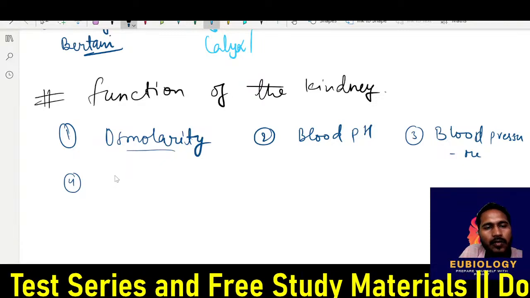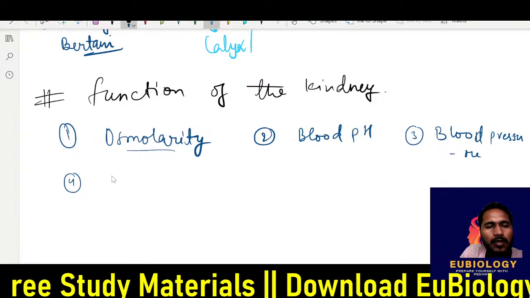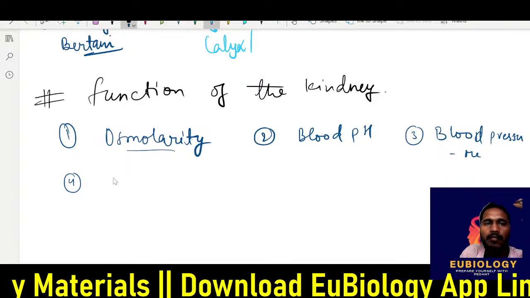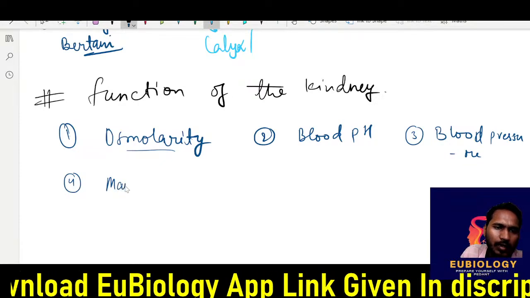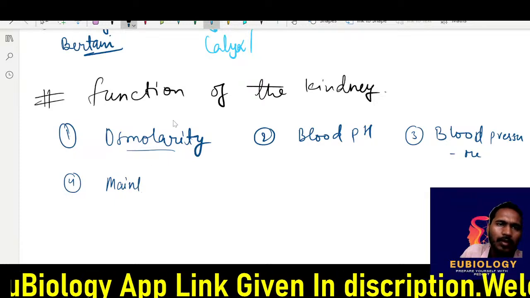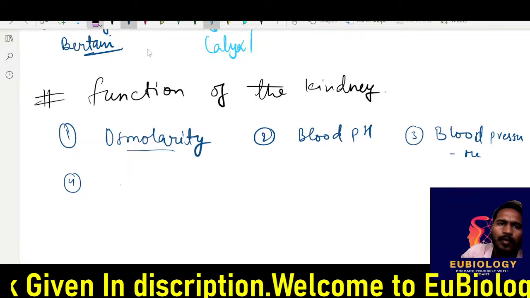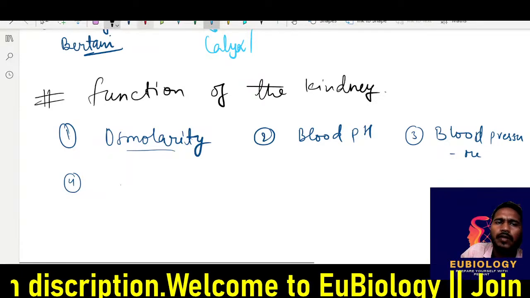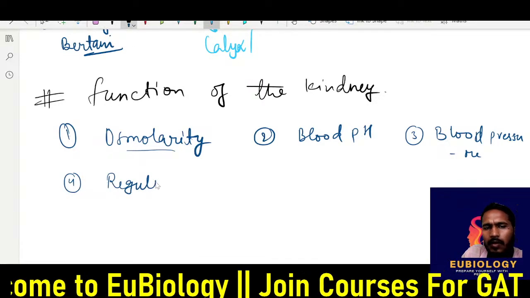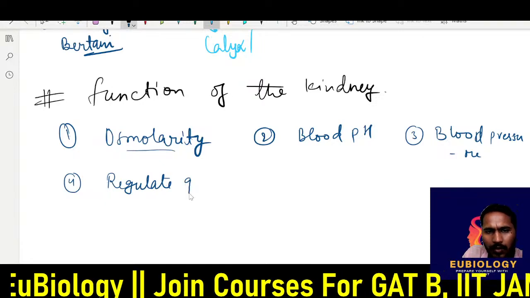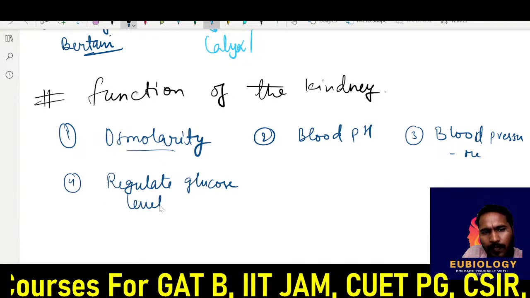Okay, so it will help in maintaining glucose level also. How? It's not direct but indirectly. What you can write: regulate glucose level.